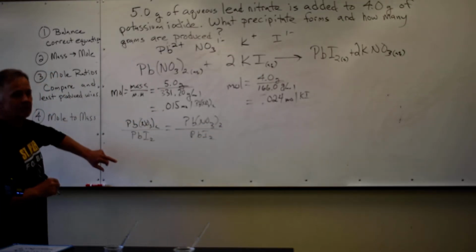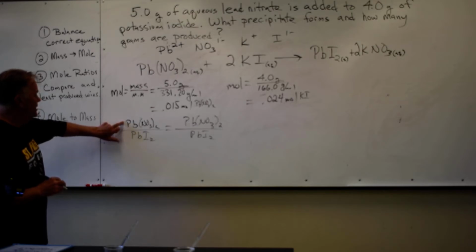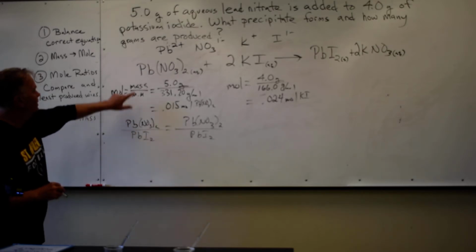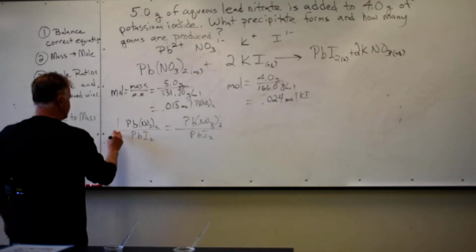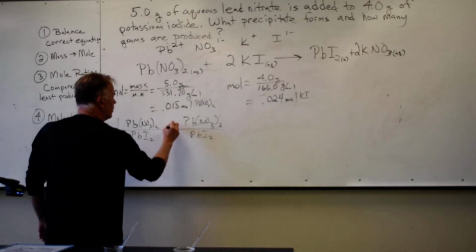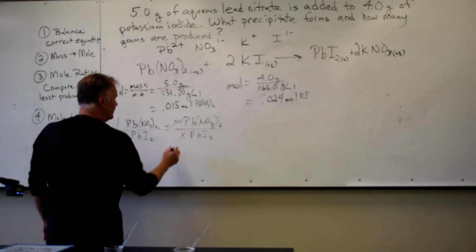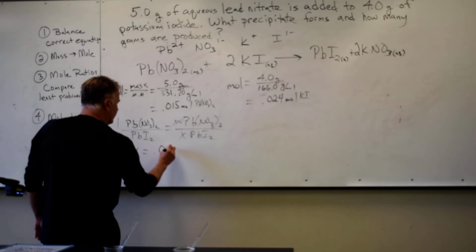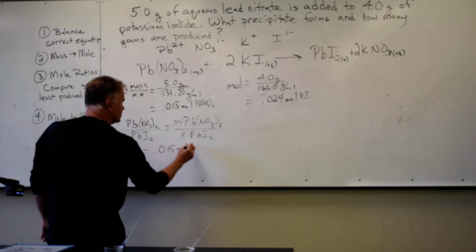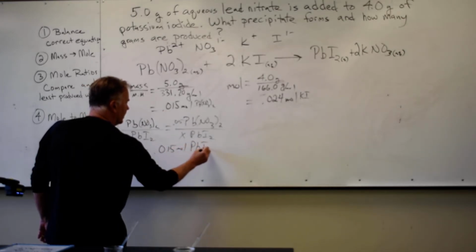What's the mole ratio here between the lead nitrate and the lead iodide? Well, look up here. It's a 1-to-1 ratio. So that's simple. 1 is to 1, like 0.015 is to X. So X is going to be 0.015 moles of lead iodide.